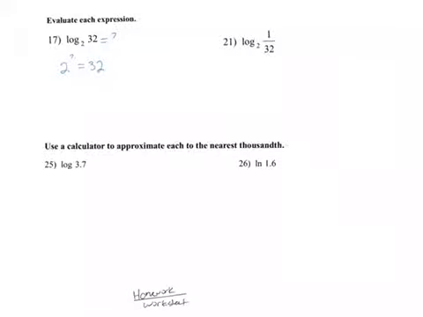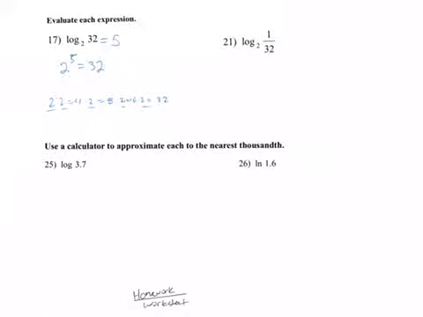Well, I know 2 times 2 is equal to 4, times 2 is equal to 8, times 2 is equal to 16, times 2 is equal to 32. So notice 1, 2, 3, 4, 5. So that means this thing is going to equal 5, because 2 to the 5th is equal to 32.